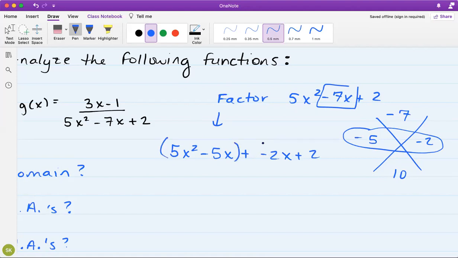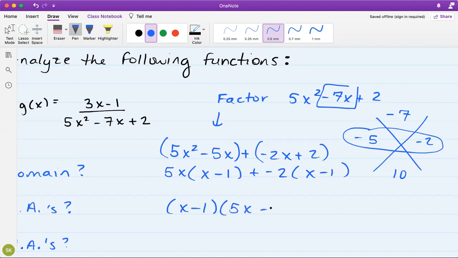Group the first two, group the last two, and factor what I can out of both. So I can take a 5x out and I get x minus 1. And then here I can take out a negative 2. And I also get an x minus 1. So you can see that I have an x minus 1 in both of these, so I factor that out. And then I get a 5x plus a negative 2. So this is the factored form.